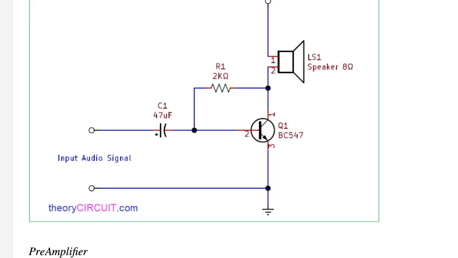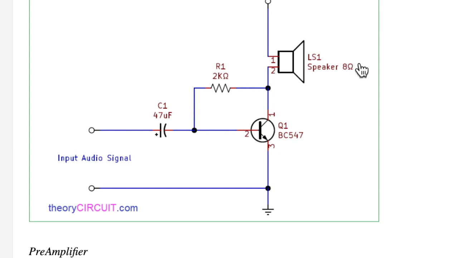Single transistor audio amplifier circuit, and on theorycircuit.com, simple single transistor audio amplifier circuit, I found this little circuit. So it's got 9 volts. I guess it would work on even less. It's got a speaker, they say 8 ohms, so maybe we can find that out of an old radio, or just a speaker lying around, or even headphones.